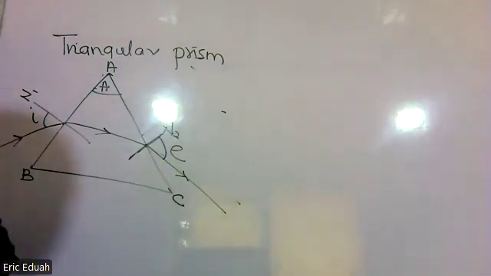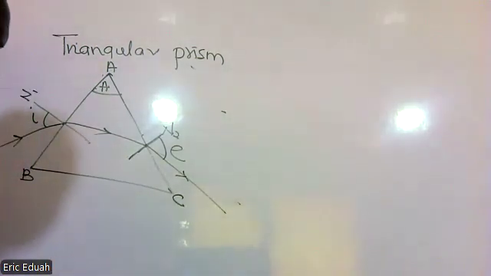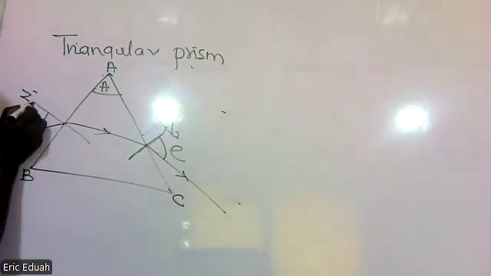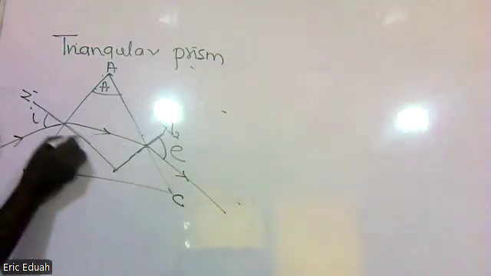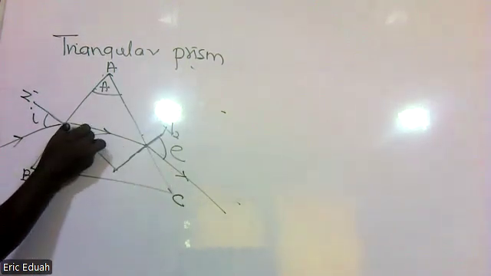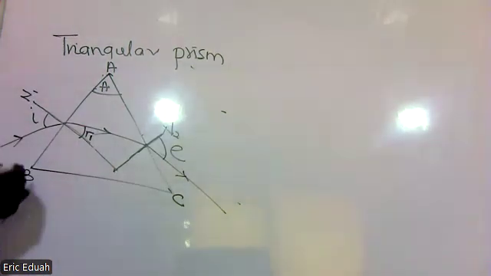Now, we want to see how the ray is deviated. If we extend the two normals, N1 and N2, we have the first angle of refraction, R1, with regards to the plane AB.